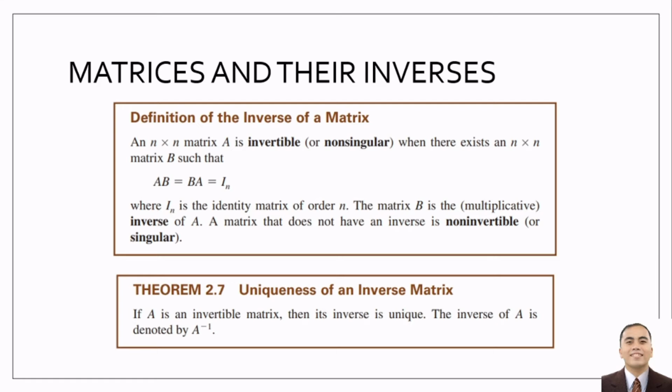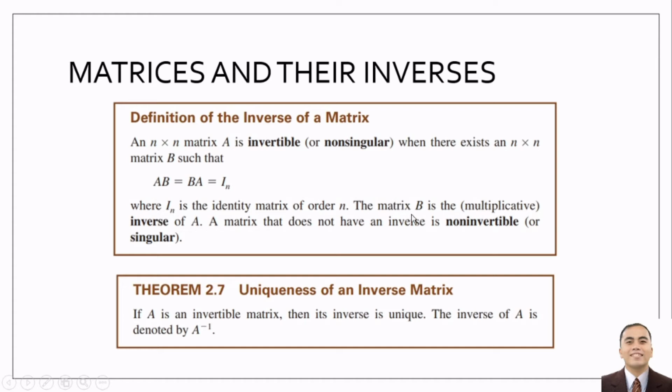Now let's proceed to the definition of the inverse of a matrix. An n by n matrix A is invertible or non-singular when there exists an n by n matrix B such that AB = BA = I_n, where I_n is the identity matrix of order n.